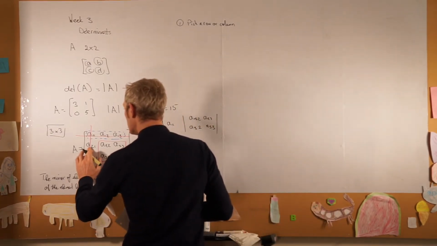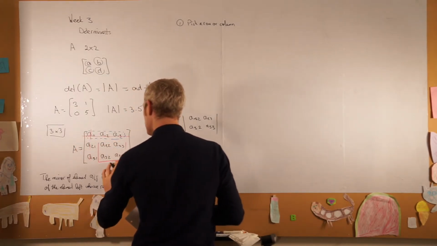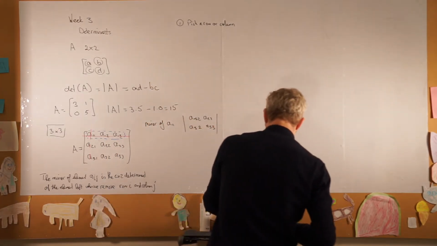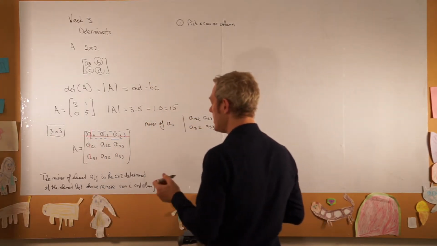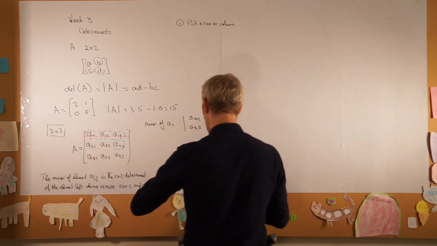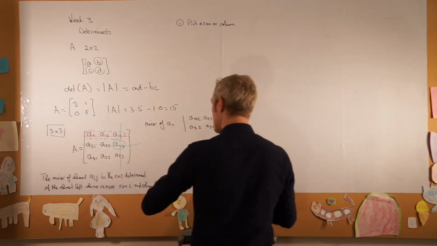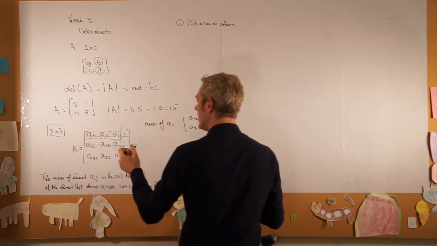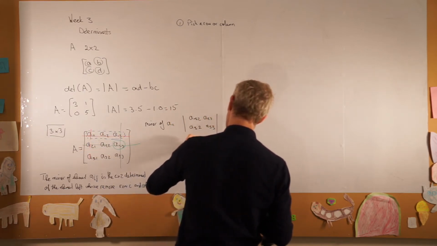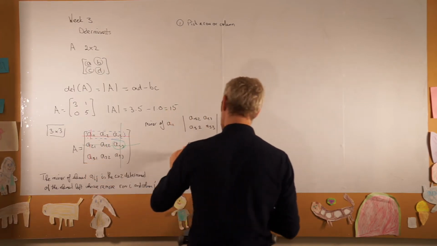Let's pick a different one, which will be difficult because I just colored this in quite well. I'll take another color. I'll take green. The minor of A23, I remove this row and this column, and I'm left with A11, A12, and A31, A32.